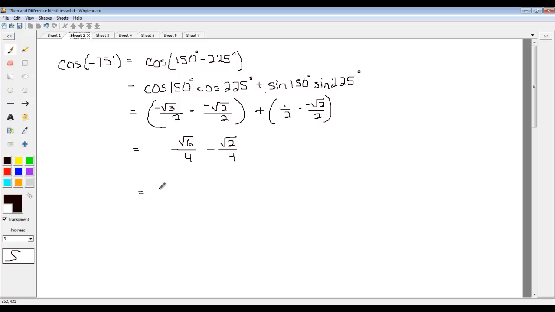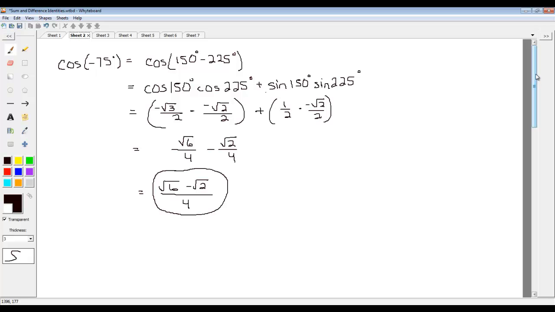And then that could be rewritten square root of 6 minus square root of 2 all over 4. Leave it in exact form that way. And now I found the cosine of negative 75 degrees. So I took something that wasn't on my unit circle and I applied an identity and was able to turn it into a problem where the unit circle could come in handy. Isn't that cool?